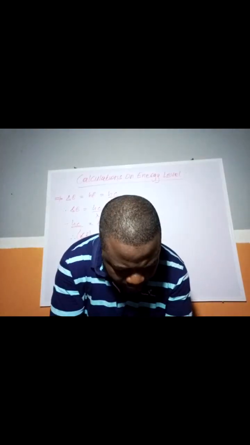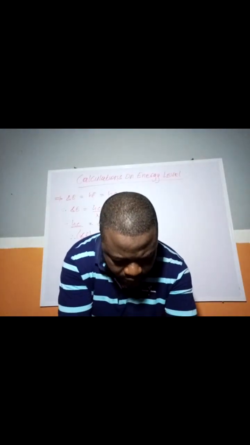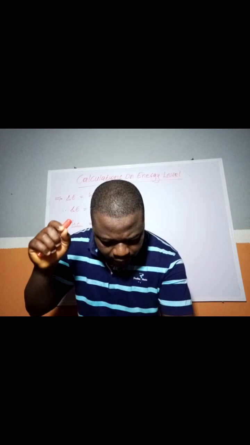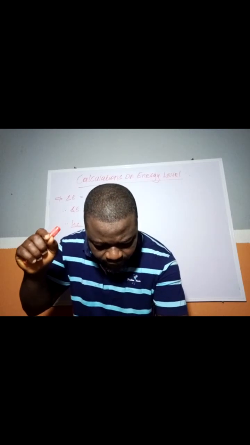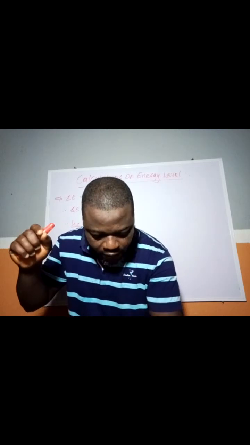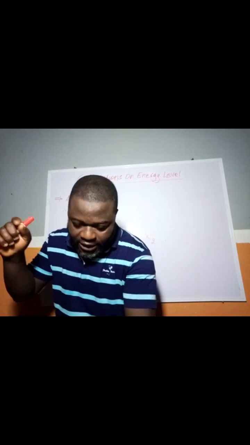They are talking about a photon of wavelength lambda naught emitted when an electron in an atom makes a transition from a level of energy 2EK to that of energy EK.